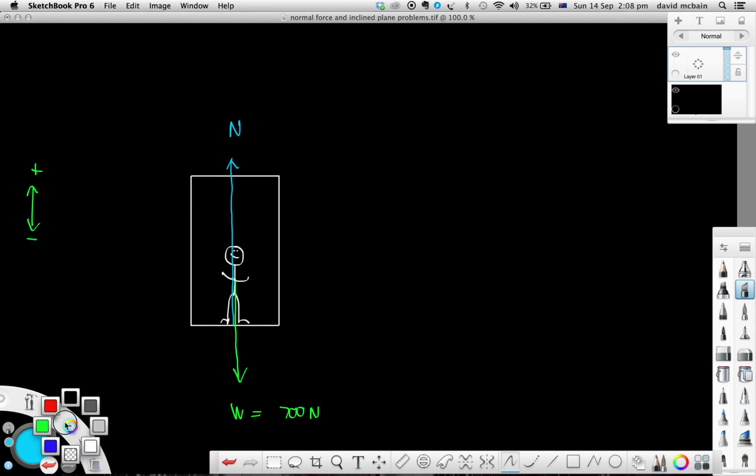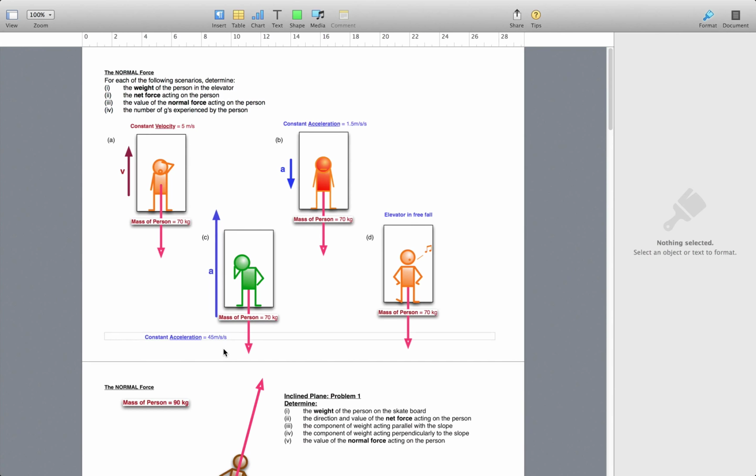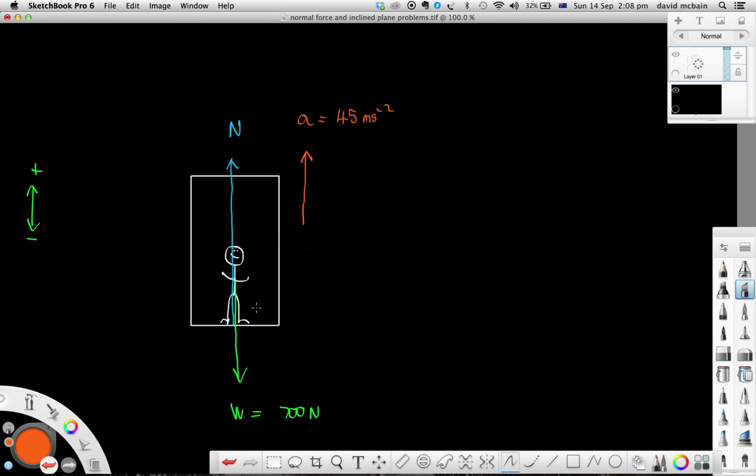We know that the acceleration is upwards, and it's a pretty enormous acceleration. The acceleration is 45 meters per second squared. Let's just check that again. 45 meters per second squared in the upward direction. So there's definitely going to be a net force here because there's an acceleration.